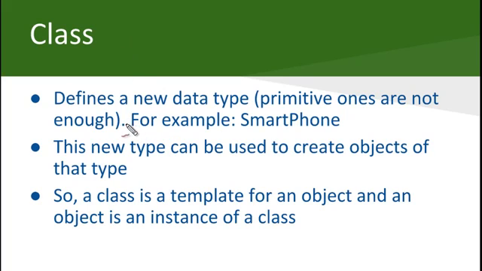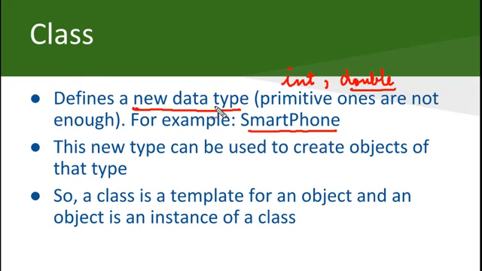So let us now define a class. What a class does is it defines a new data type. As we had seen, integers, double, etc. are data types, but as we know, when we model a real world example into a program, these are not enough. We need to create our own data types depending on the categories. There may be different kinds of bicycles, there may be different kinds of phones, for example, we took the example of a smartphone.